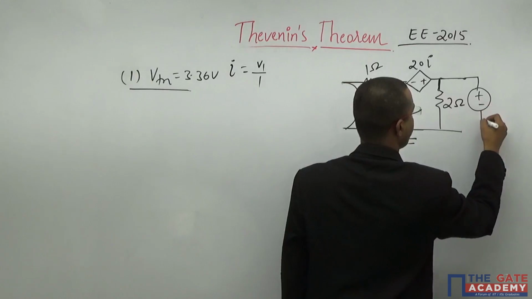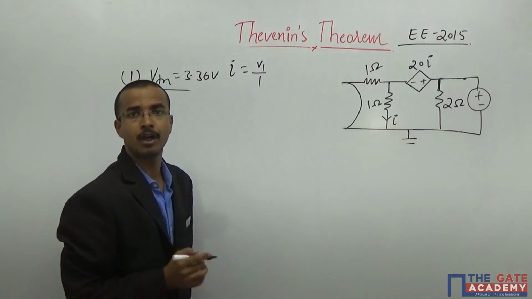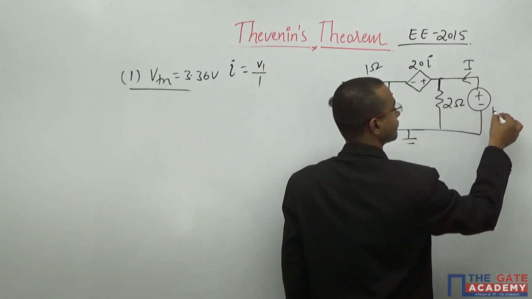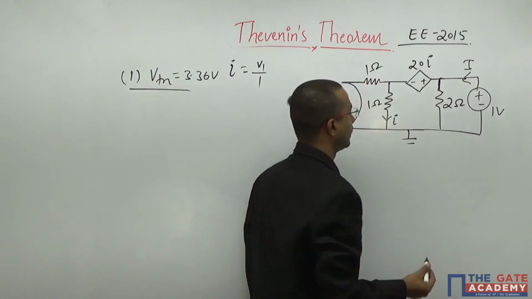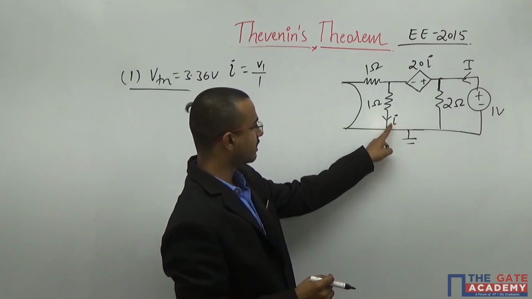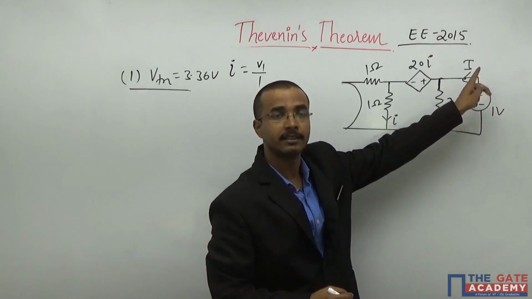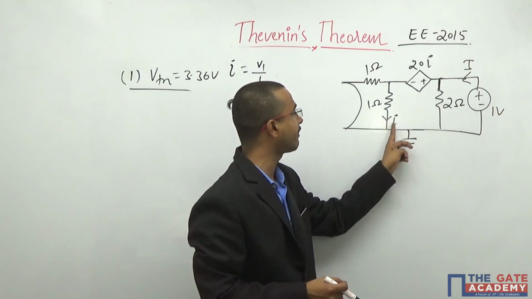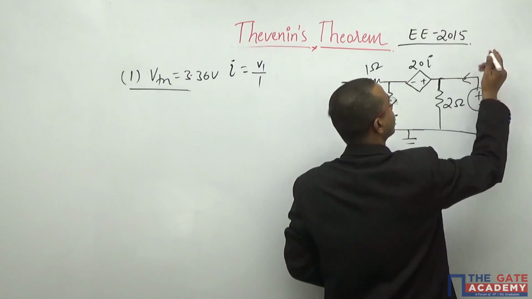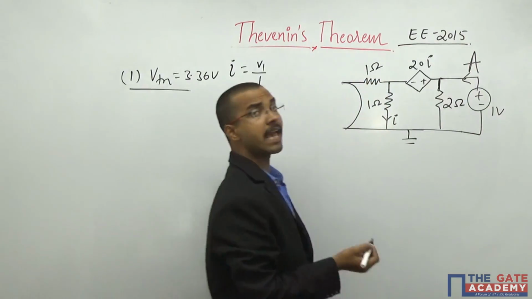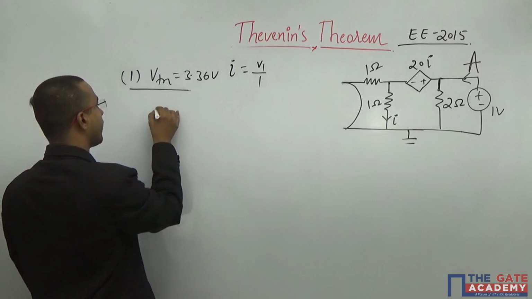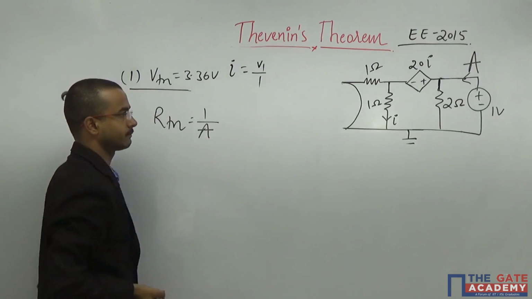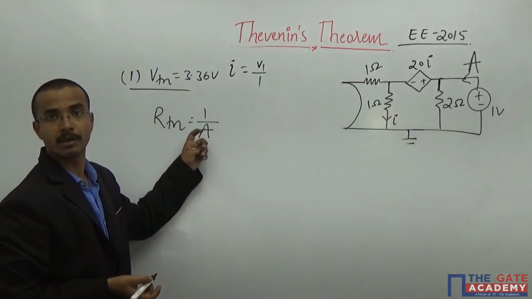I have applied my test source, a battery of 1 volt, and I will assume that the current it is pumping is I. Please do not get confused with this I and this capital I. This capital I is the response of your battery and this I is the independent variable of this. Just because of that I am assuming that my value is A. Then what will be my RTH? The voltage is 1 and the current is A. That means at the last I will calculate like this, 1 by A.